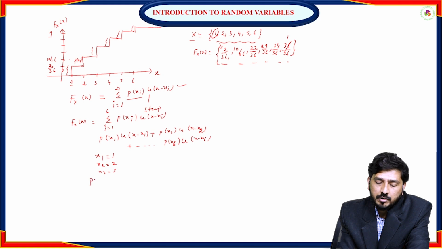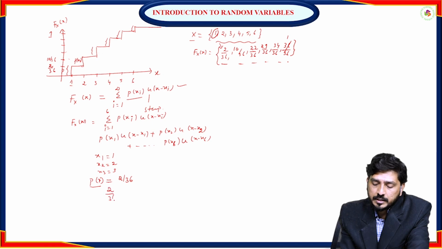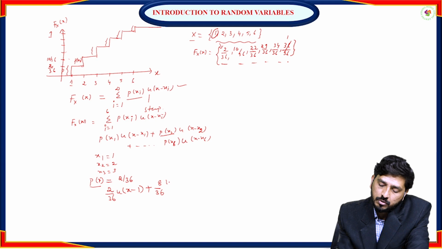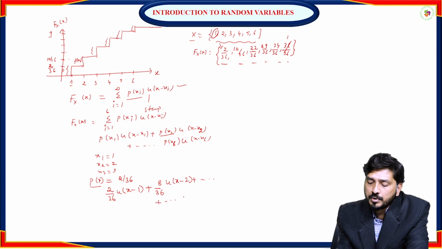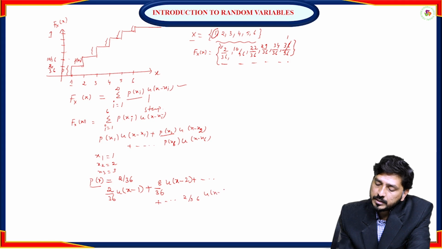In the next step write down probability of 1, which is already mentioned: probability of 1 is equal to 2 by 36. So 2 by 36 into u of x minus 1, plus the second element probability, 8 by 36 into u of x minus 2, and so forth. The last one, probability of the sixth element, is 2 by 36 into u of x minus 6.